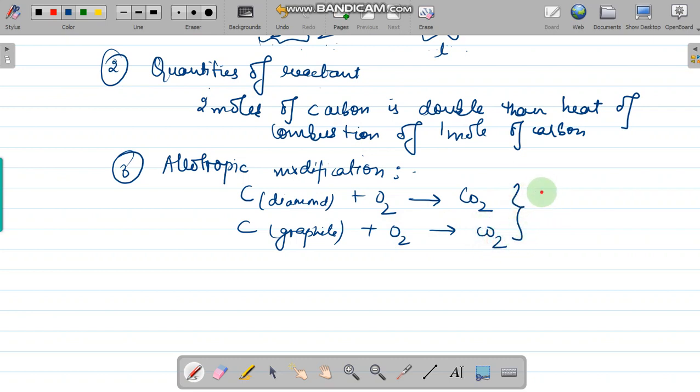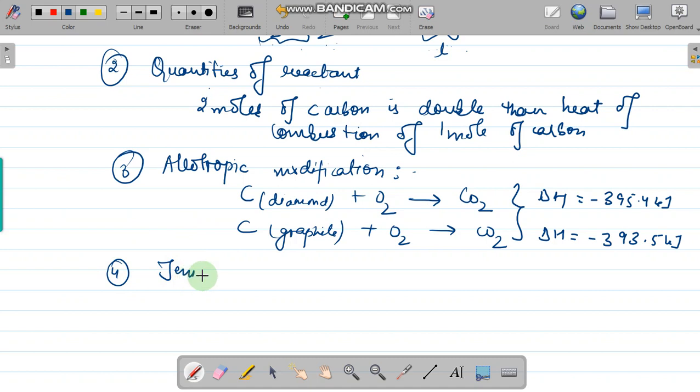In both cases the delta H is going to be different. In this case it is minus 395.4 kilojoule and it is minus 393.5 kilojoule.